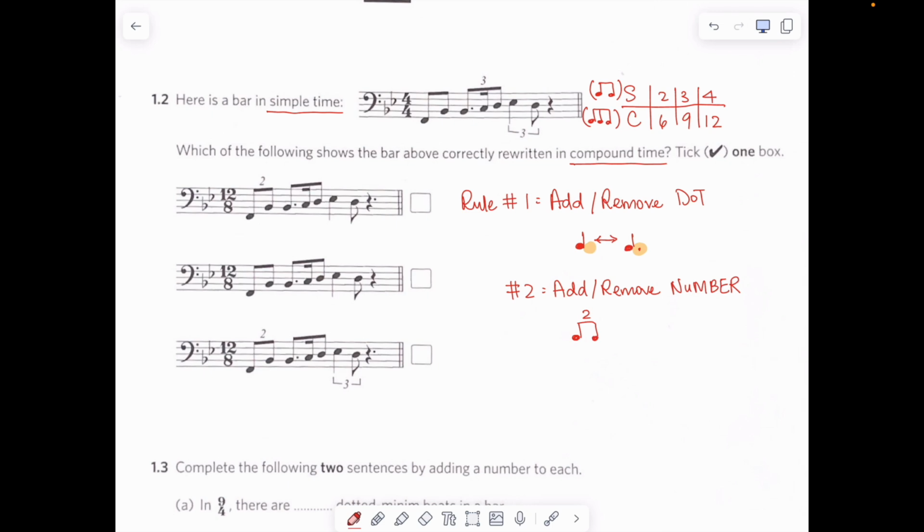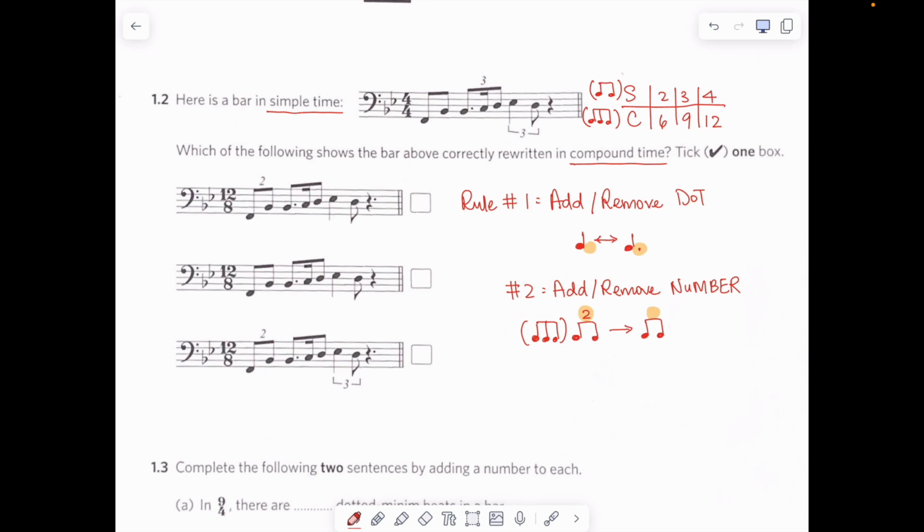A duplet means 2 notes that take up the time of 3 quavers. Now, if you see a duplet, you have to change it into 2 quavers. So you have to remove the number 2.